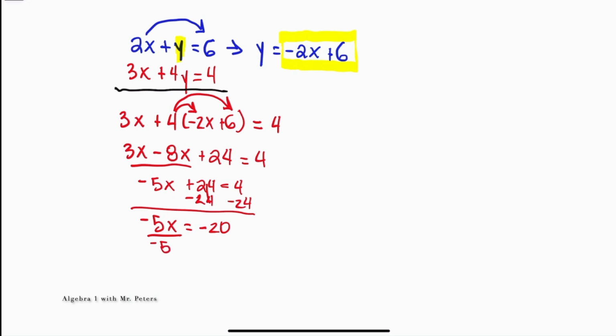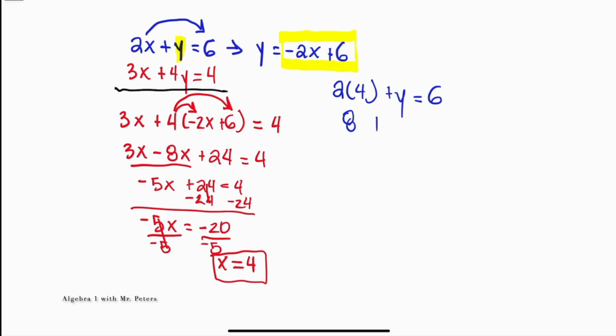And then we're going to divide. So x is going to be equal to positive 4. So we go back to the first equation because this is the simpler one. We could use equation 2 if you want. And we're going to plug in and solve for the other variable. So we have 2 times 4 plus y is equal to 6.